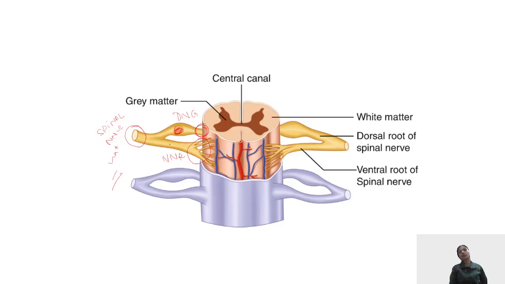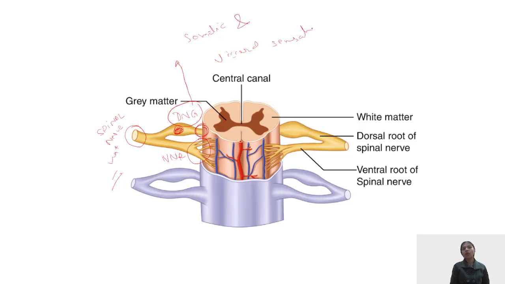Now, talking about these two nerve roots, different sensations are carried by the dorsal nerve roots and the ventral nerve roots. The dorsal nerve root is responsible for all the somatic and visceral sensations.